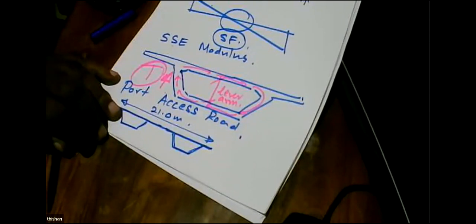Generally, with I girders, we can go up to about 35 meters. Beyond that, it's always good to go for these box girders because they give us a robust solution.